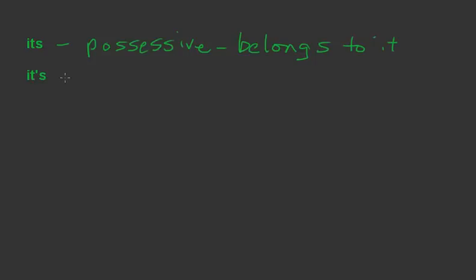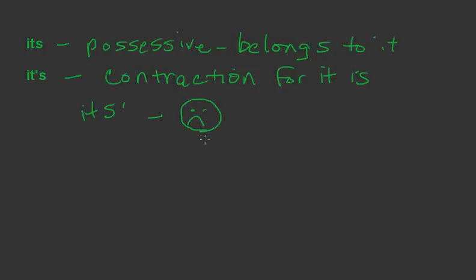With the second one, this is a contraction for it is. If you mean it is, you have to use the second one. And another one I want to point out to you, if you ever see something like this, it is crazy because no such word exists. So just strike that from your little memory bank.